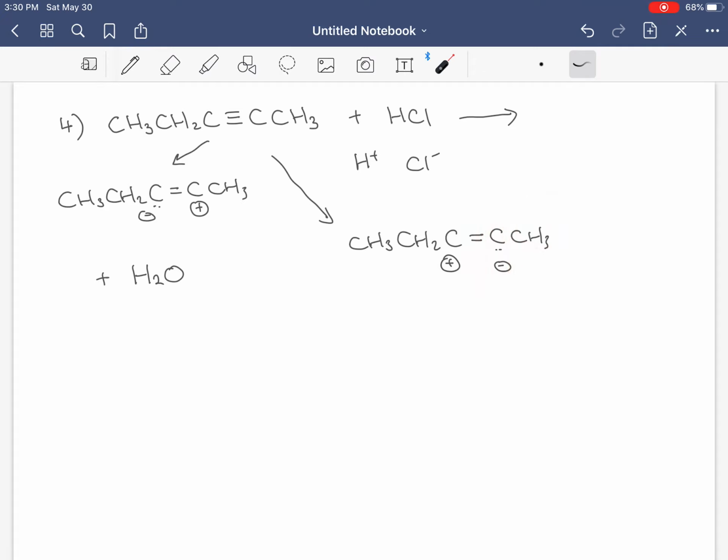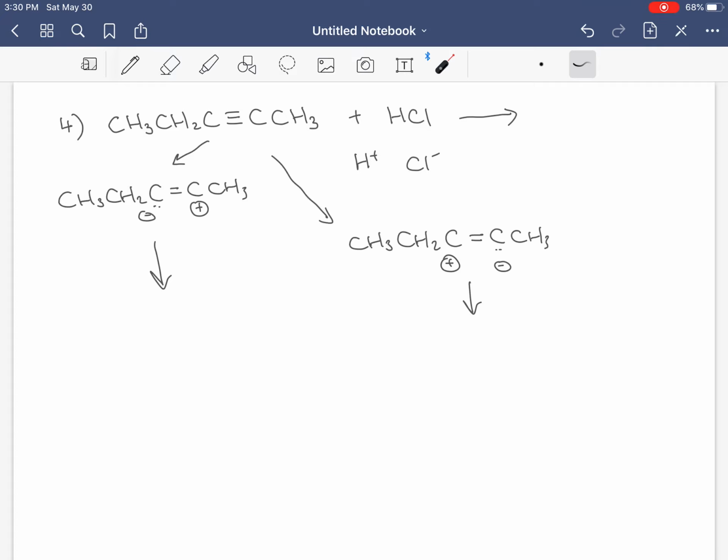But look, this negativity is more. It's the same thing. So what does that mean? That means, let me get rid of this water here. We'll come back to that. Both of these will exist. The H right here can attack this carbon or that carbon. It doesn't matter.